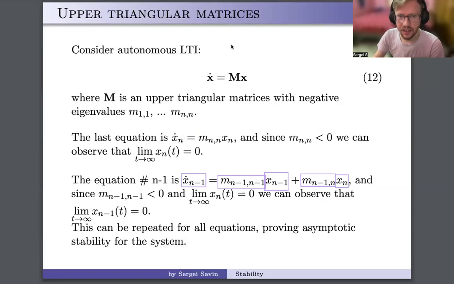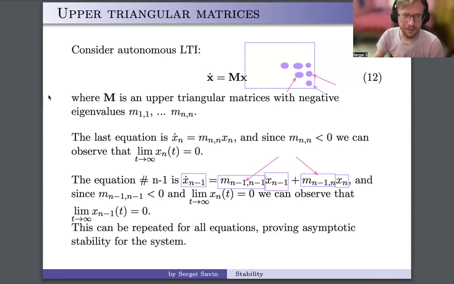I'll draw it like this. Since it is upper triangular, you would have an element here, an element here, and so on. When we considered the last equation, there was only one element there. It depended only on xn. For the equation before last, we have two elements, this one and this one, all right?